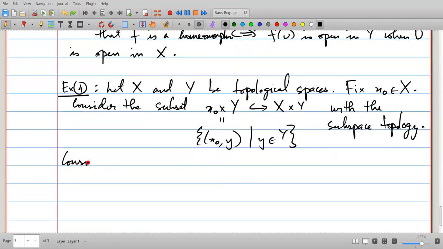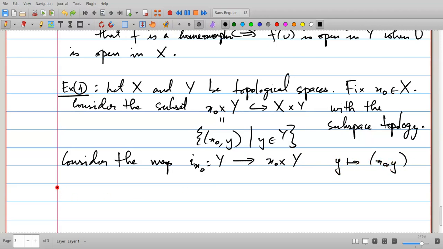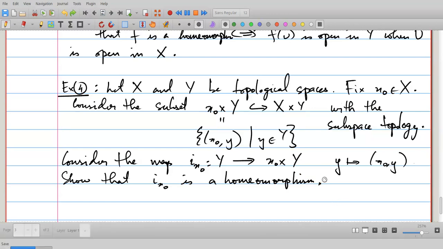Now consider the map i x naught from Y to x naught cross Y, given by y maps to x naught comma y. You have to show that i x naught is a homeomorphism. So we will end this lecture here.